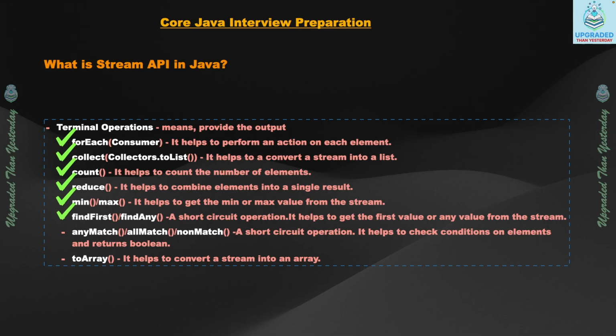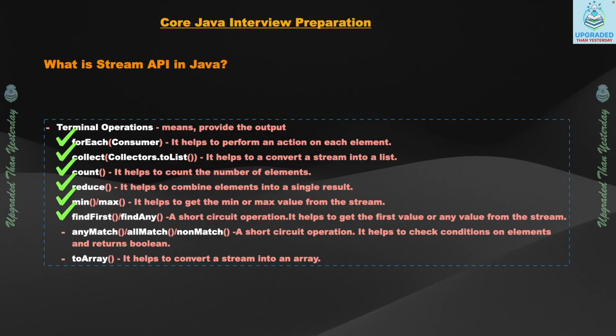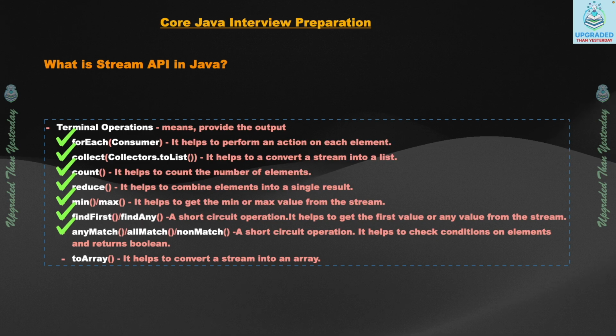findFirst. It is a short circuit operation. It helps to get the first element from the stream. findAny. It is also a short circuit operation. It helps to get any element from the stream. anyMatch. It is also a short circuit operation.